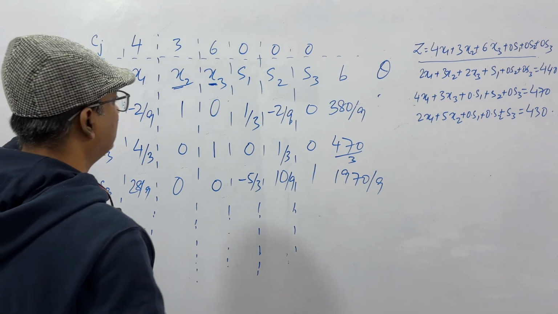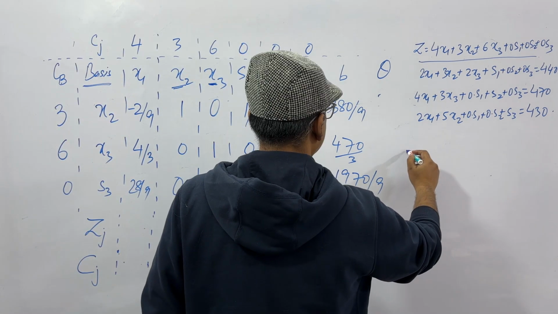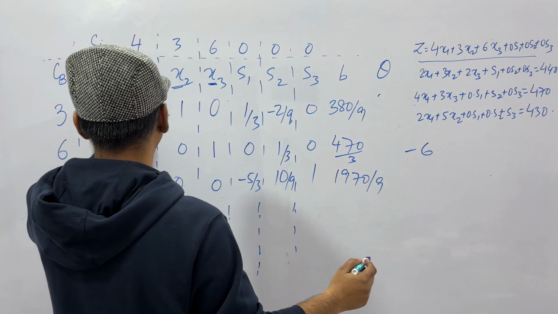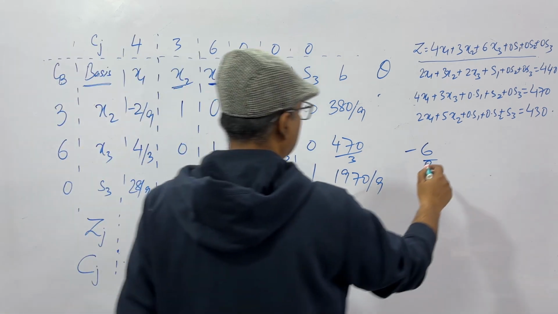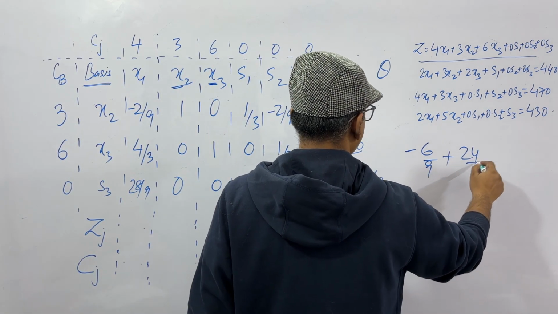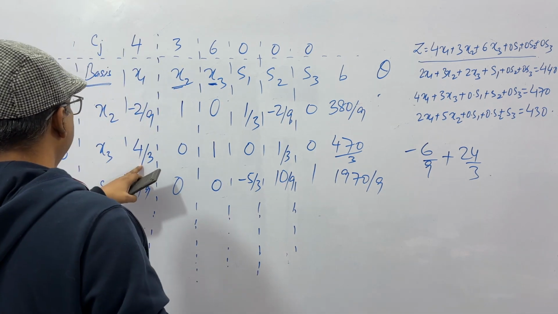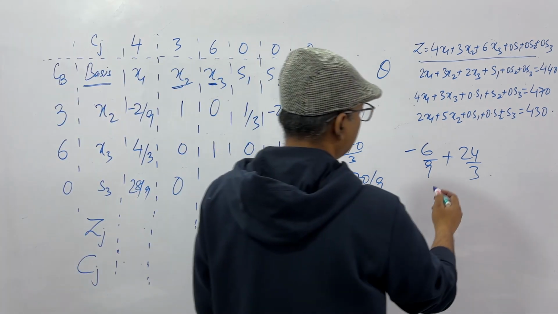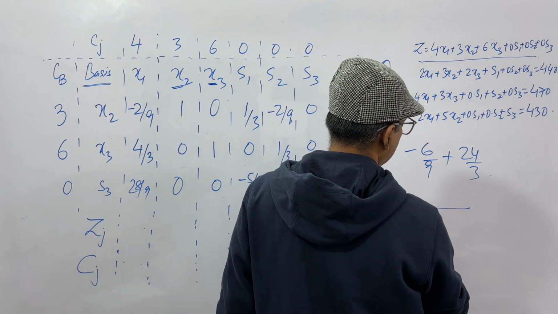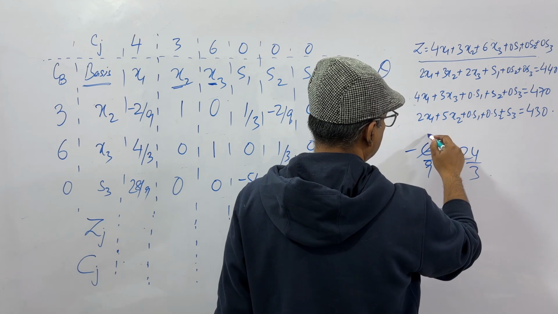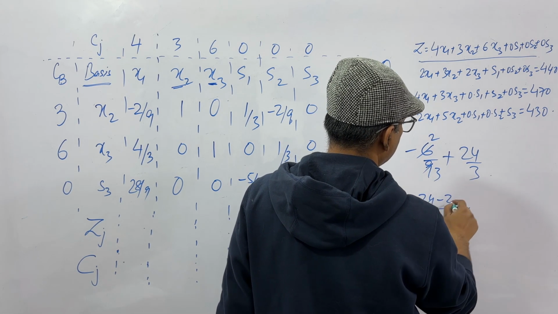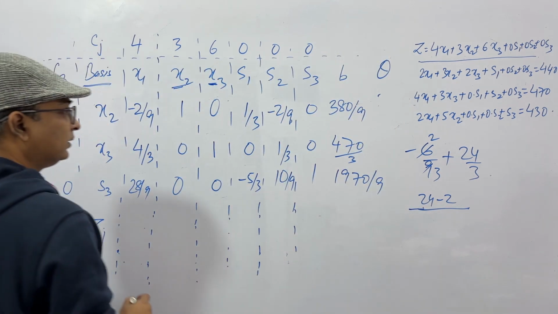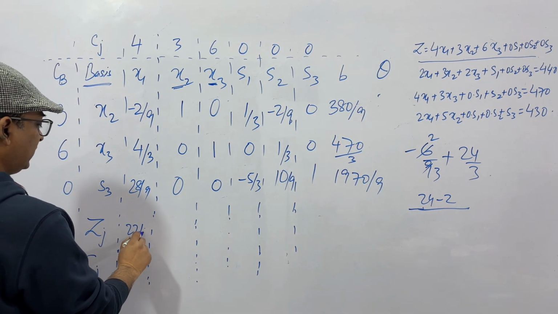So we'll have minus 6, 3 into 2, so minus 6 by 9 plus 6 into 4 by 3. 6 into 4, 24 by 3. Okay, so this is the first term. This is 0 into 0. So we can write 24 minus 2, that is 22 by 3. So this is 22 by 3.